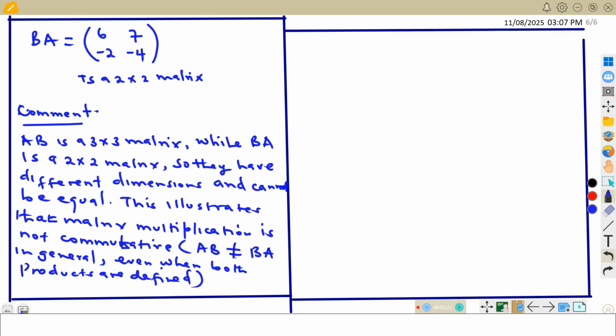So the two matrices are not equal. In other words, whenever you are asked to get the matrix AB, don't start with B and then put A last. If you are talking about matrix AB, begin with A, then get B. So the order matters here.